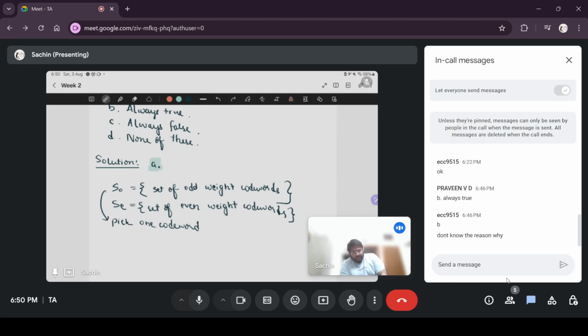You will get a different code word, right? Since it's a linear block code, the sum of two code words will be a code word. So you're adding an odd weight code word with an even weight code word. That will also have to be a code word. Call that set SO prime, which is this code word added to each of the code words in the set SE.